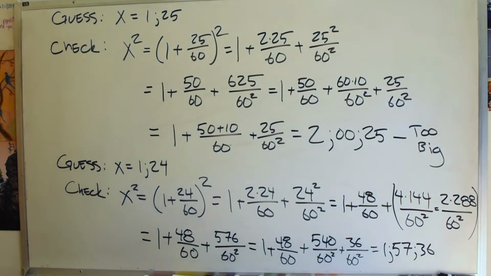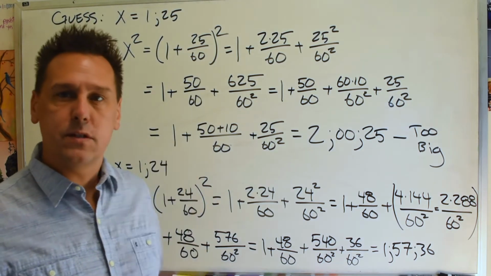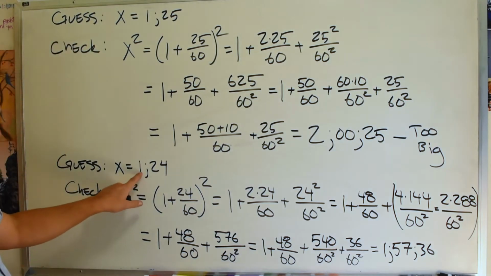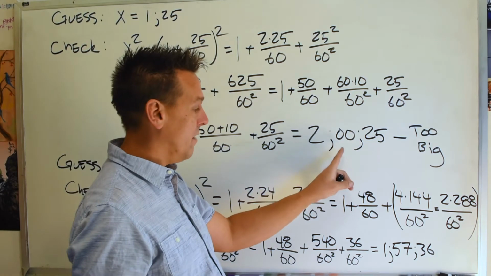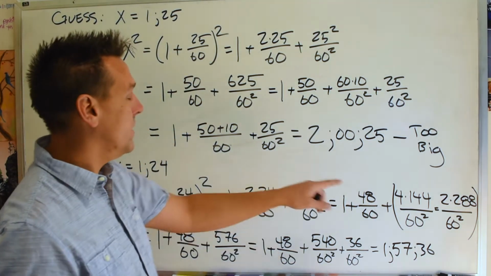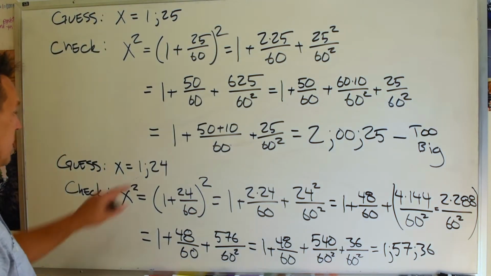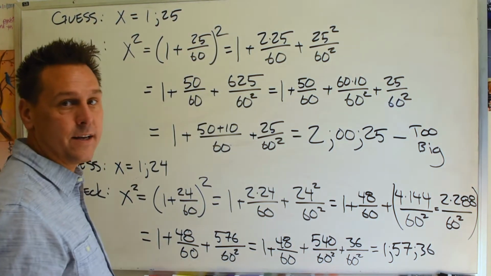And so it saves some time in writing, but it's a little bit more abstract and you have to have the number system in your head a little bit more. Okay, but so my guess 124 is further away than 125, but I'll be able to add to this to get closer using the next digit, so that I know that the square root of 2 is somewhere between 124 and 125. So let's do that next.